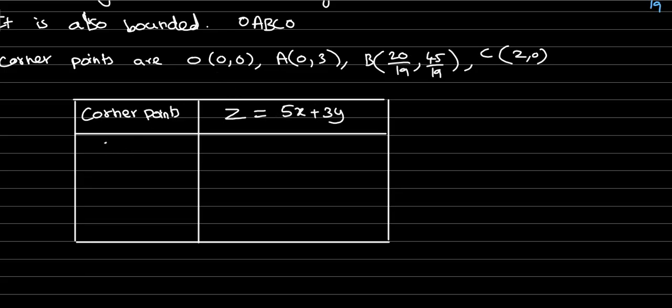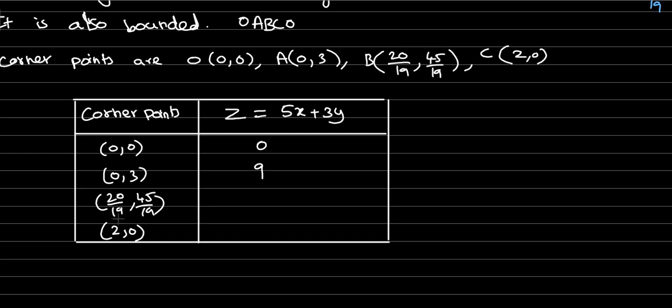So first corner point 0 comma 0, 0 comma 3, 20 by 19, 45 by 19, and next 2 comma 0. 0 comma 0, if you substitute here, we get 0 only. 0 comma 3: 5 times 0 is 0, plus 3 times 3 is 9. So 9 we will get.